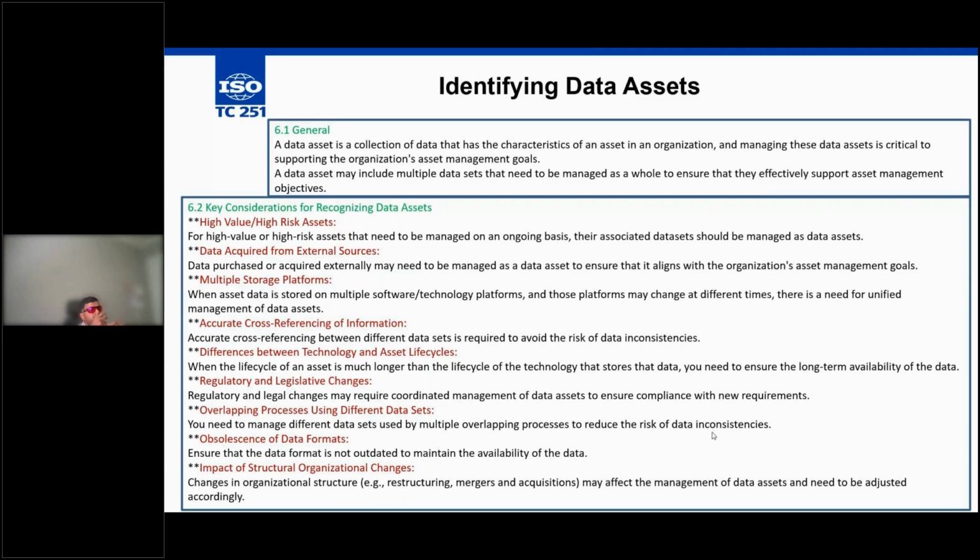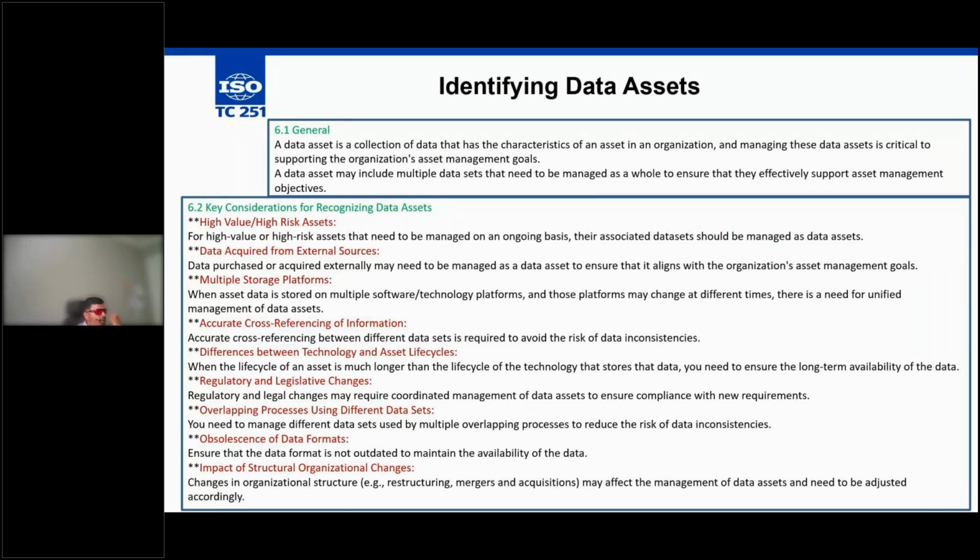And what are the key considerations for recognizing asset data? High value, high risk assets need to be managed on an ongoing basis. Their associated data sets should be managed as data assets. Multiple storage platforms are issues that need to be considered, as well as the difference between technologies and asset life cycles.